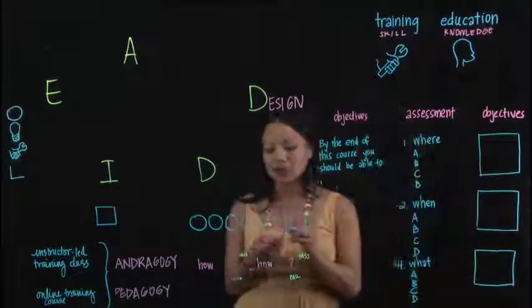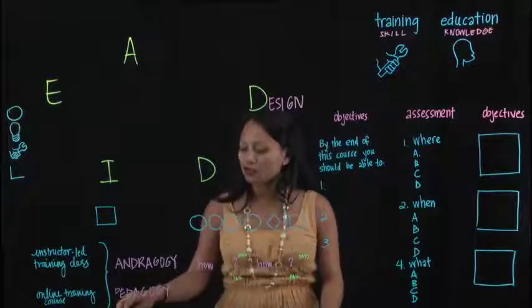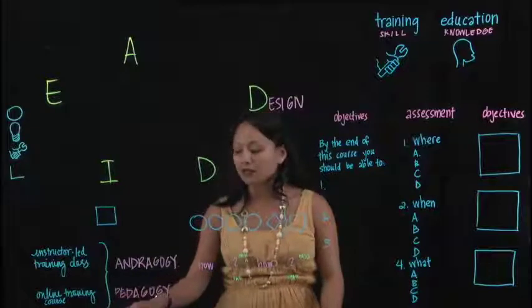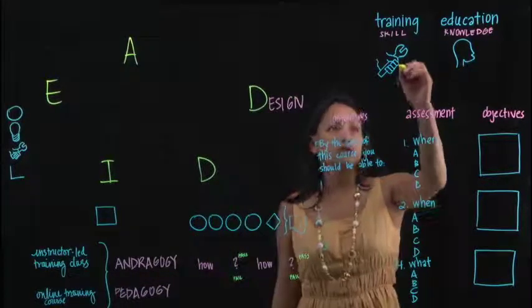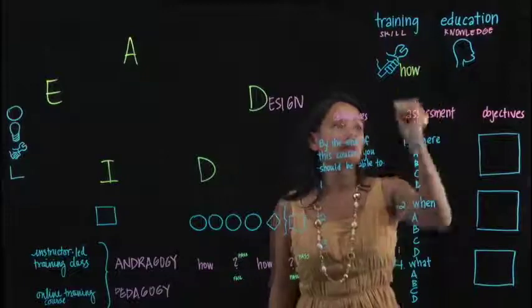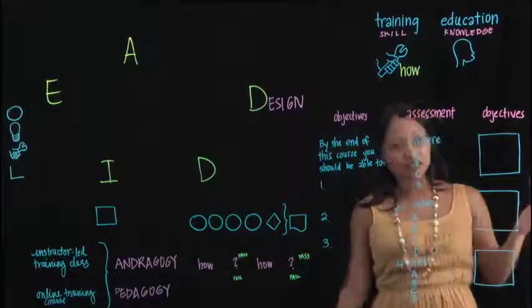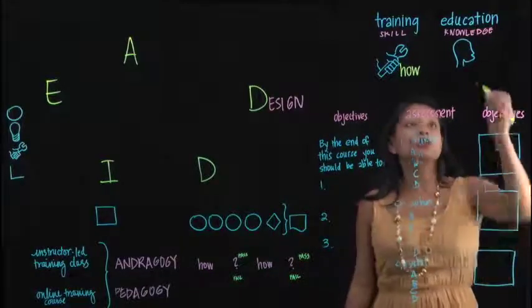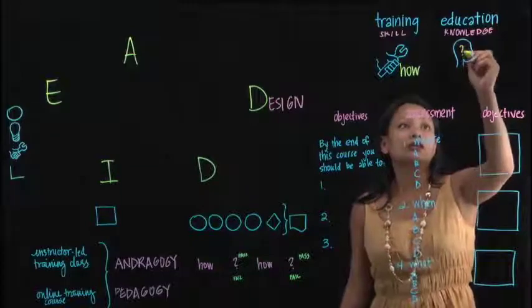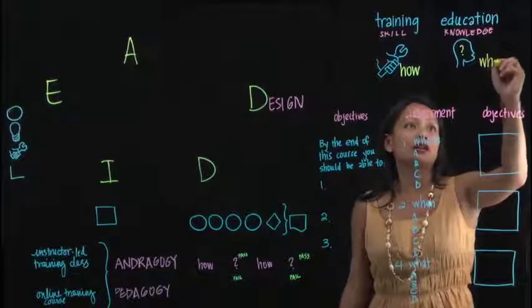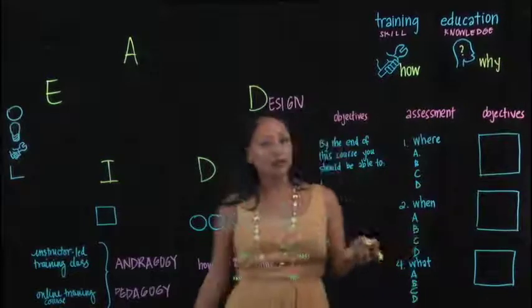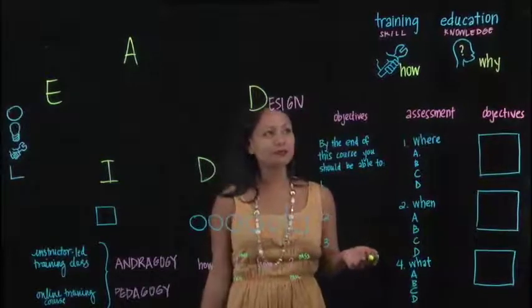In general, when you're trying to teach a skill, you're attempting to explain how to do something. But when you're educating people and transmitting knowledge, you're trying to develop an understanding of why something is the way it is.